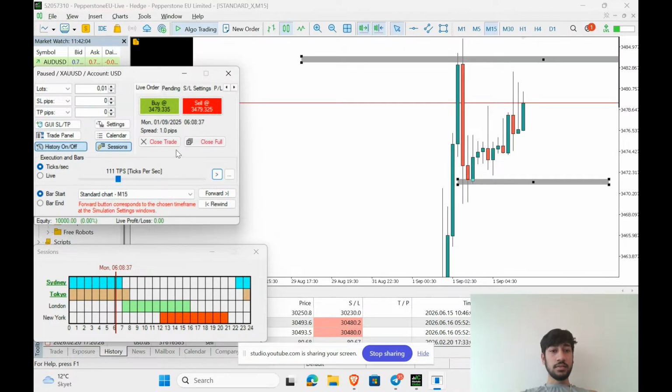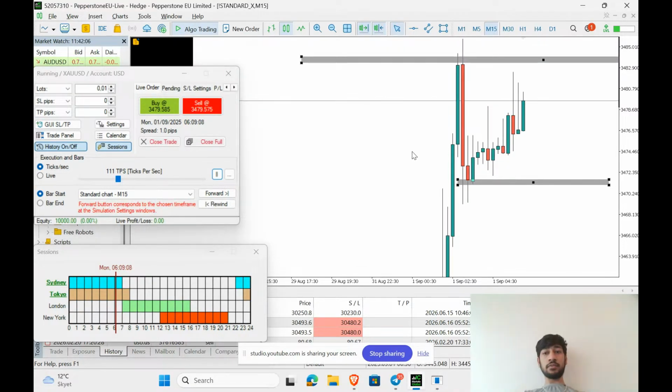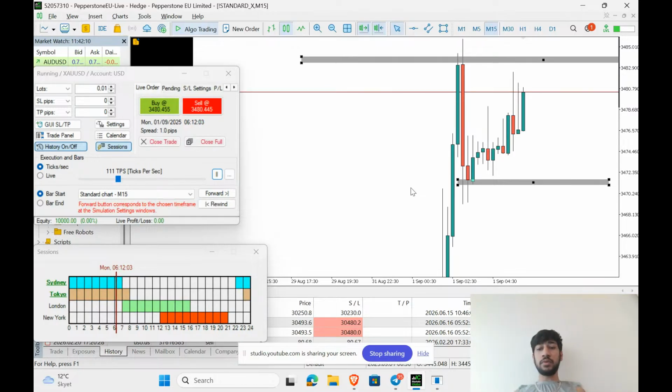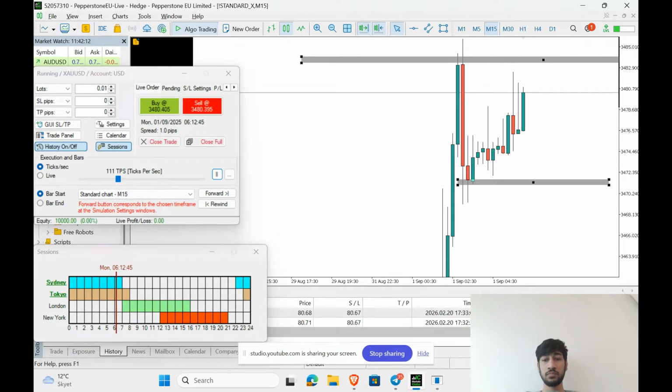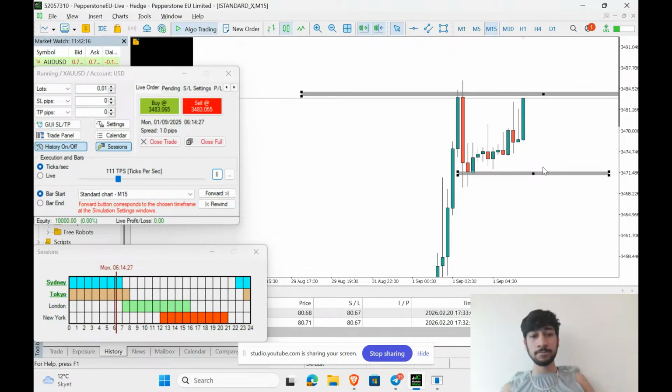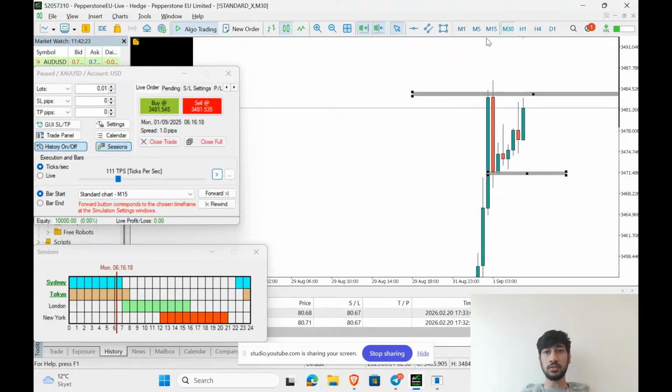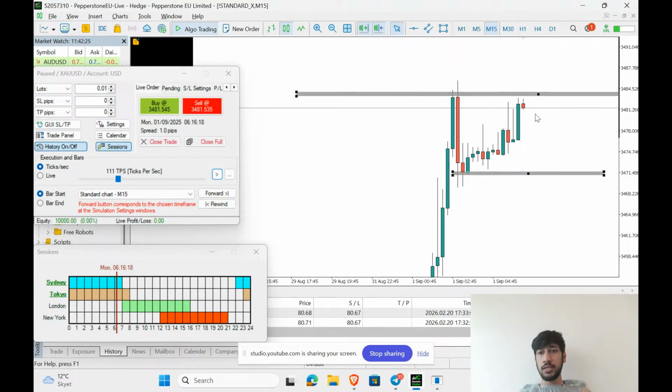As I mentioned, it's better to have the pain of regret than the pain of loss. So what do we gotta do? Just wait. The 15-minute closed bullish. Is this a good time to buy? No. So what would be my plan now?